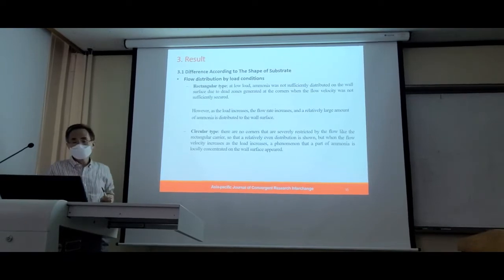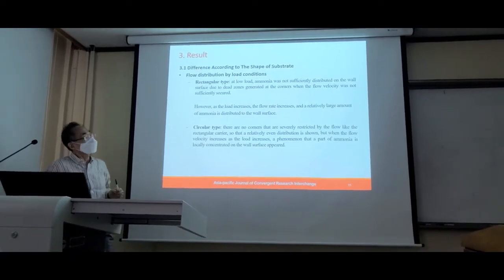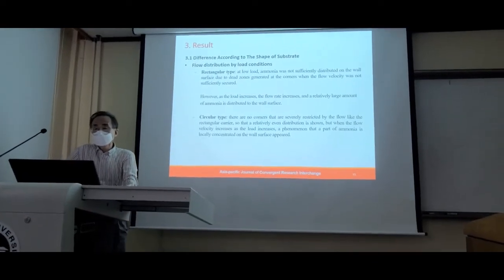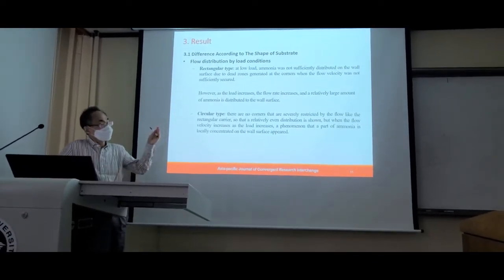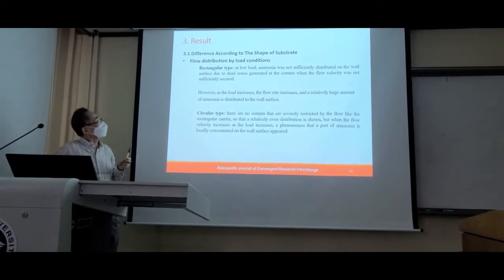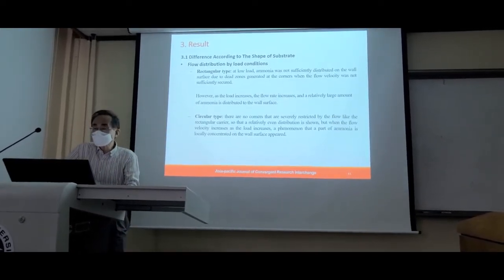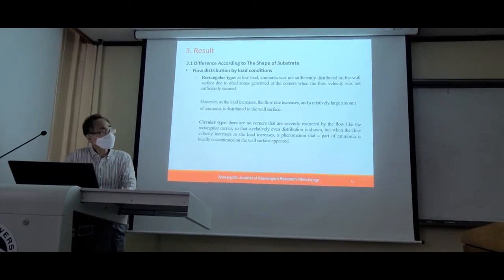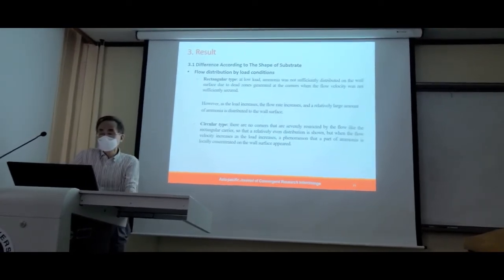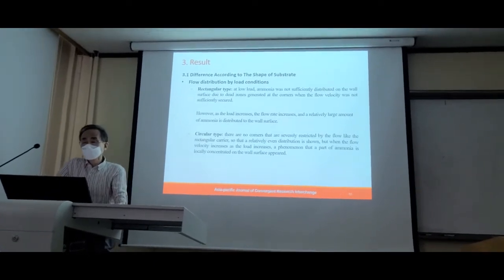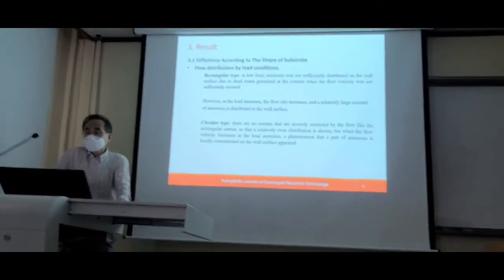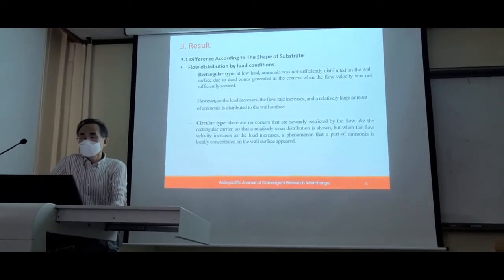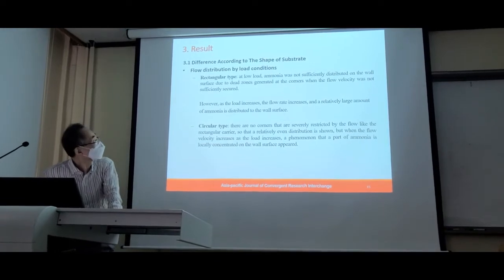As mentioned, there is a difference according to the shape of the substrate, with the full distribution by load that we saw from previous figures. For the rectangular type, at low load, ammonia was not sufficiently distributed on the wall surface, generally at the corners, where flow velocity was not sufficiently secured.